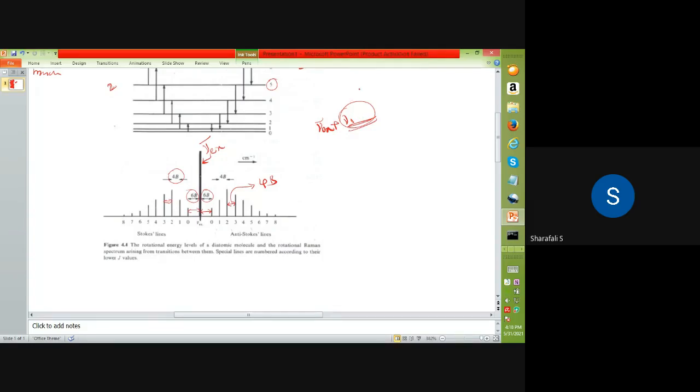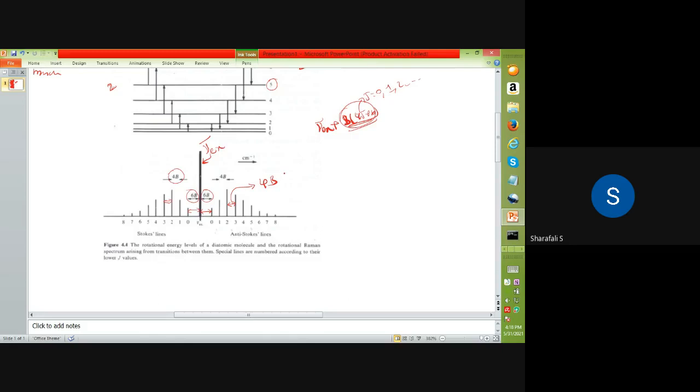Because for different j values, that is, different j quantum numbers, rotational quantum numbers, for example j plus 6, from 0, 1, 2, etc., we have different energies corresponding to different frequencies of rotation.